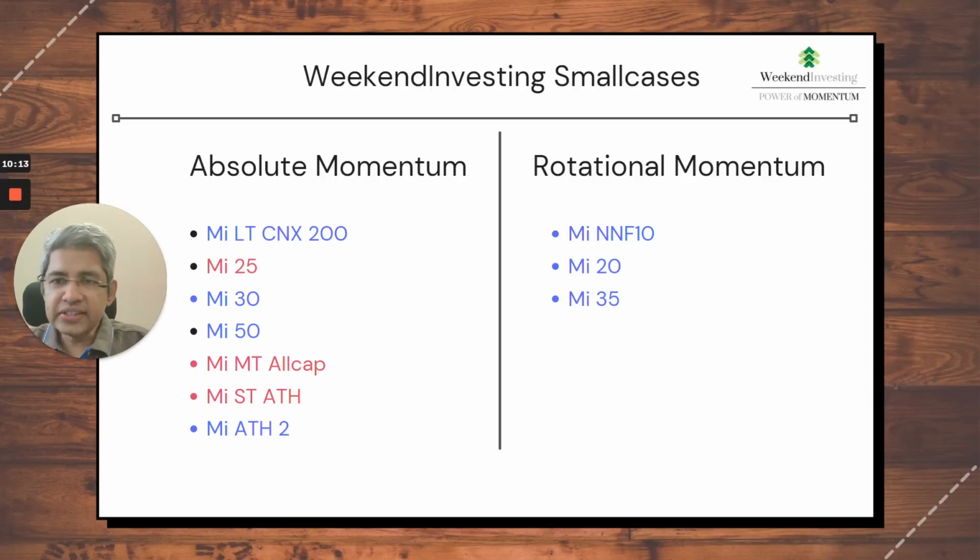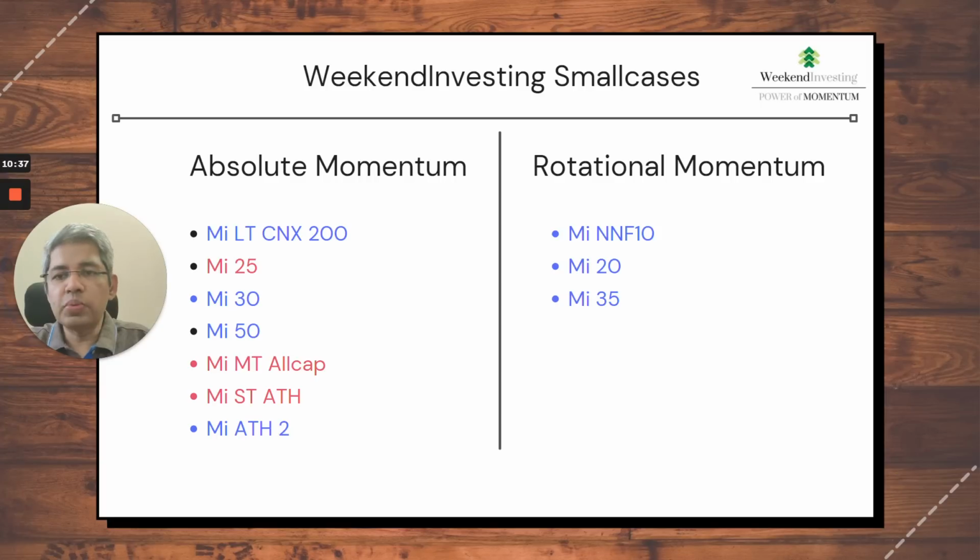Now our existing portfolios: MILT CNX 200, which is a large cap absolute momentum portfolio. MI25 is an absolute momentum portfolio which looks at only small caps. It is going to get closed for new subscriptions at the end of this month, July end. MI30 is an absolute momentum portfolio which looks at CNX 500 stocks.